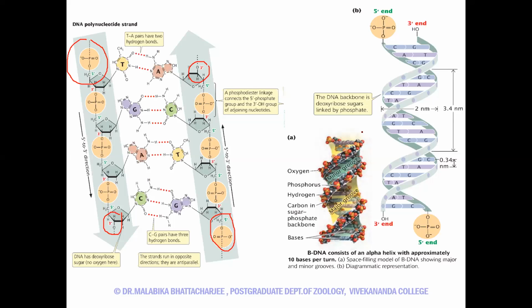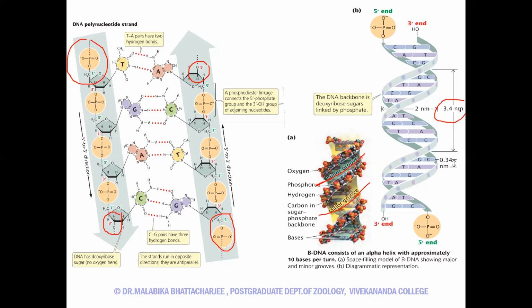This is a space filling model of the DNA structure where the two grooves are shown. This is the minor groove and this is the major groove. One helix is one rotation. As you can see, 10 base pairs complete a 360-degree rotation. The length of 10 base pairs is 3.4 nanometers, but let me be clear, this is the B form of DNA.